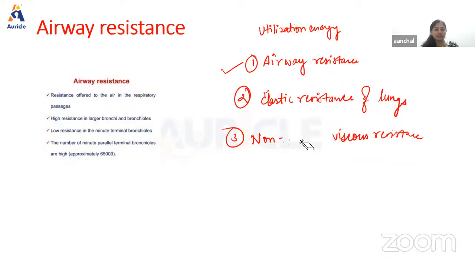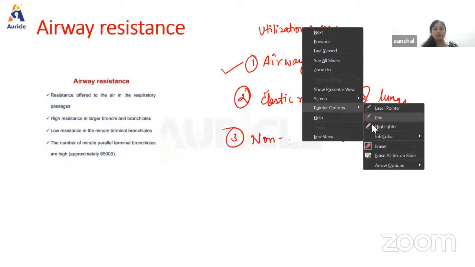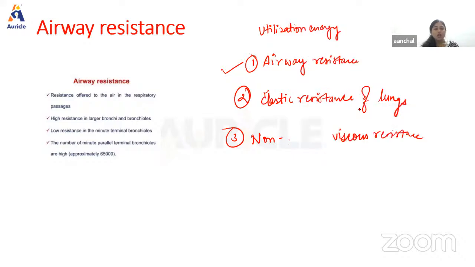Here also energy is required to overcome the viscosity of lung tissue and tissue of the thoracic cage, and the work done to overcome the viscous resistance is known as tissue resistance. So this is all about airway resistance, which we have learned under the heading of utilization of energy.